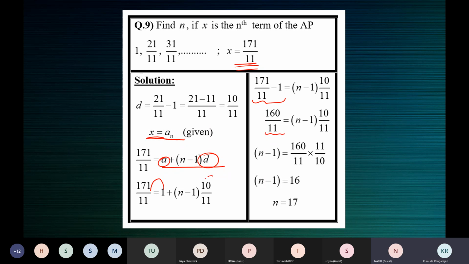Then this into d, 10 by 11, becomes 11 by 10 on the other side. So n minus 1 is equal to 160 by 11 into 11 by 10. 11 cancels. 10 ones are 10, 16, and 0 cancels. N minus 1 is equal to 16. N is equal to 16 plus 1, 17.